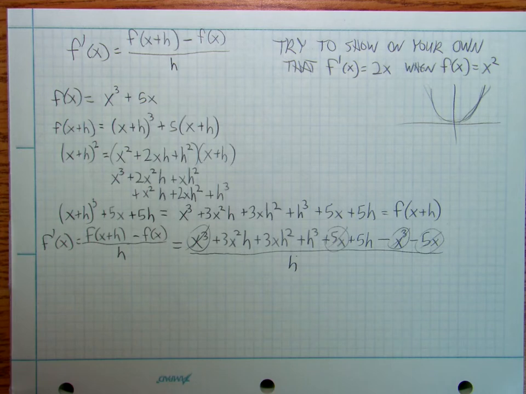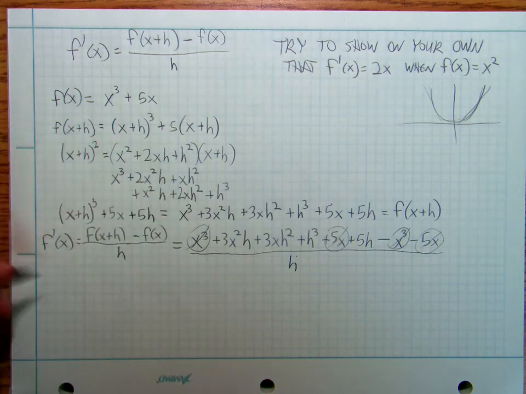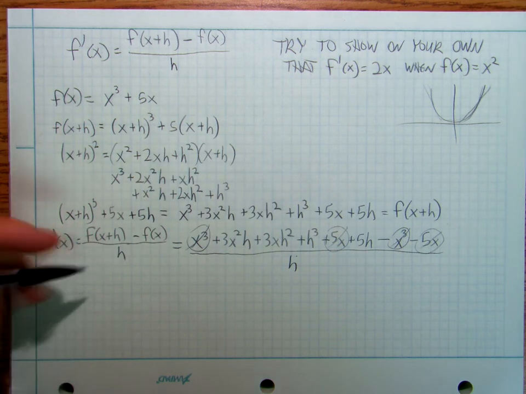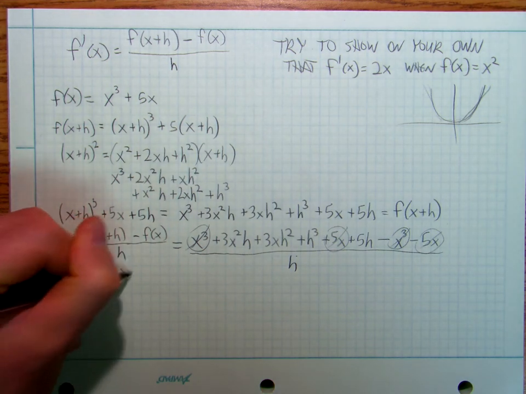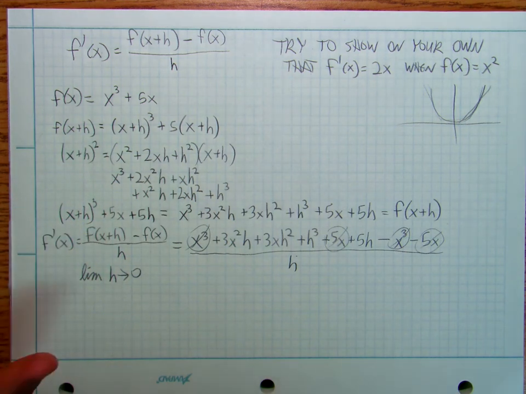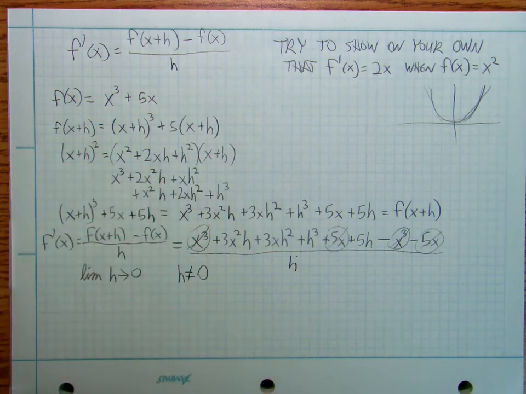And then I've got to remember I forgot my whole limit thing, because I always forget my limits. This is the limit as h approaches 0. So technically speaking, I can't make h 0. So h cannot equal 0.